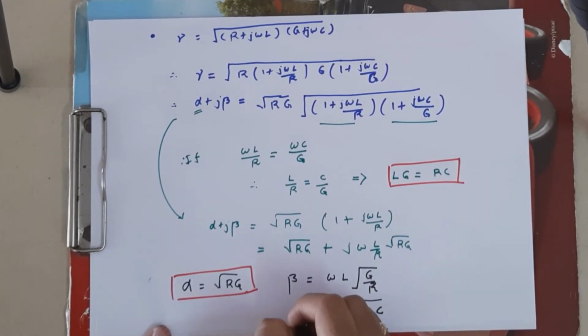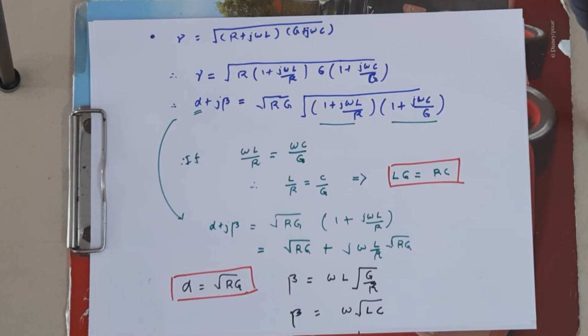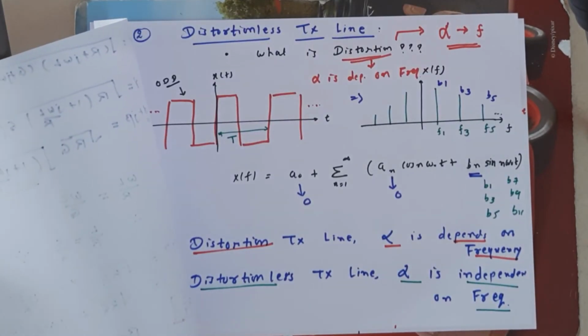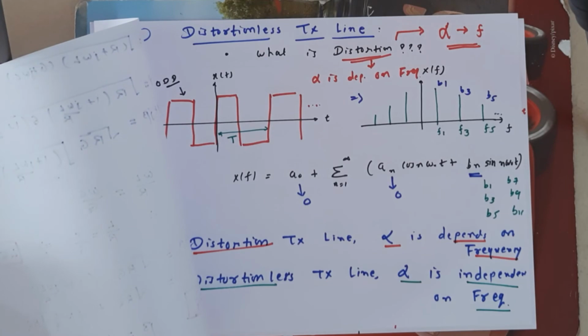So the value of beta is equal to omega times the square root of LC. Now I will compare it with my previous case.